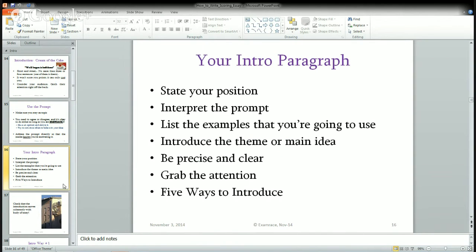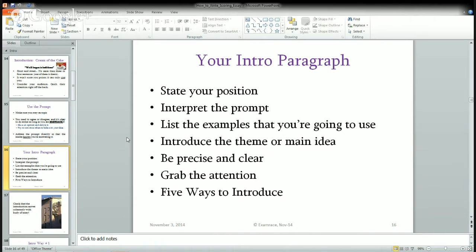So how will you start an introduction paragraph? An introduction paragraph can be started by stating your position or by interpreting the prompt that is asked. In the introduction, you can definitely give examples. We'll look into a very good sample introductory paragraph. Then you can talk about the main idea. It should be precise.